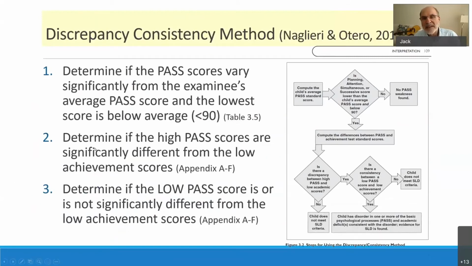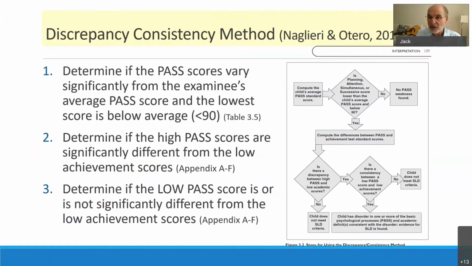And the way that we analyze this, I've rendered in this flow chart here, but basically it comes down to this. We're going to ask the question, is a PASS score lower than the child's average and below 90? So notice I'm using two rules here. There needs to be variability in the four scores, and the lowest score can't be in the average range.